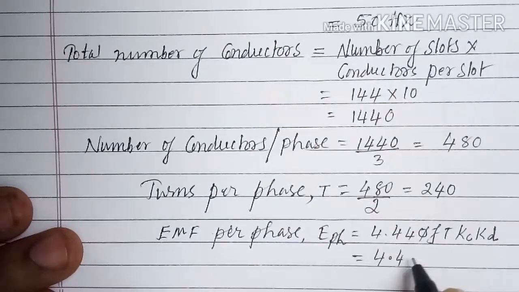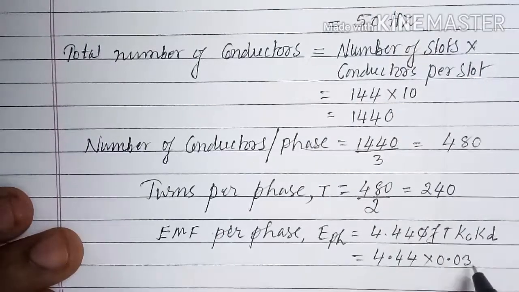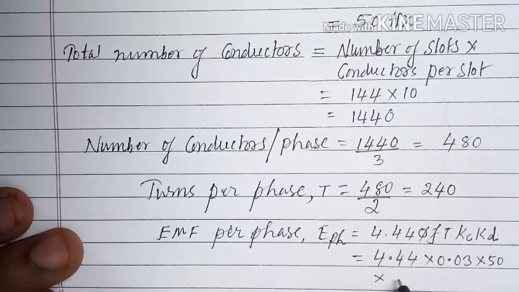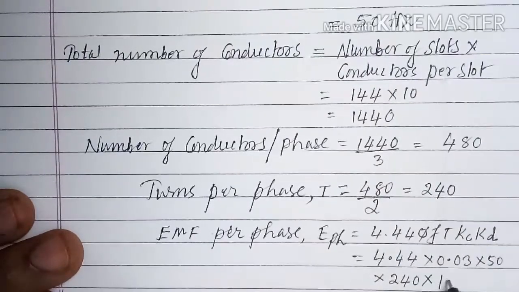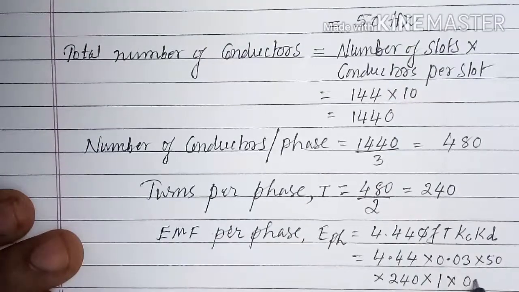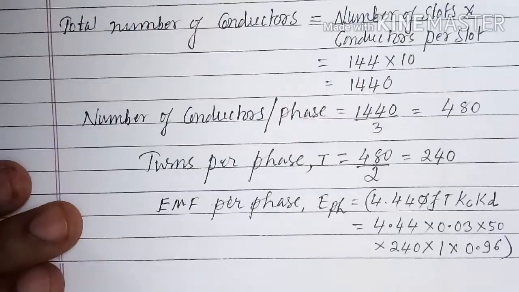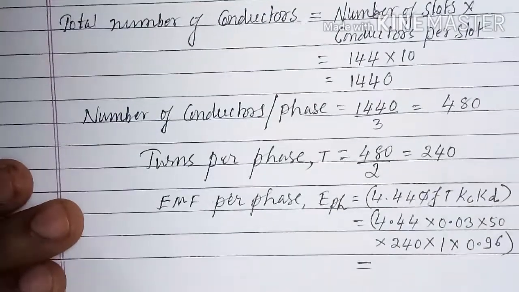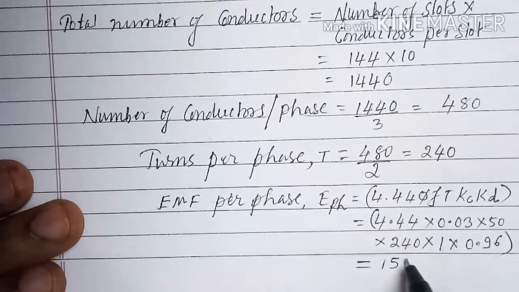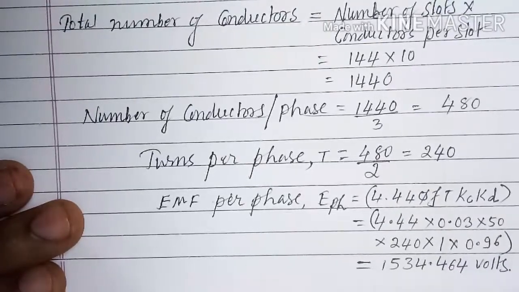Substituting for various values, 4.44 into 0.03 into 50 into 240 into 1 into 0.96 becomes 1534.464 volts.